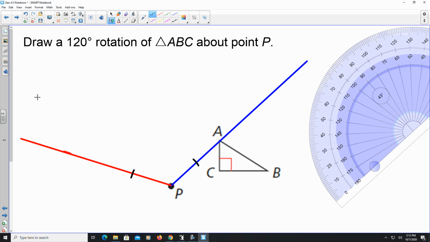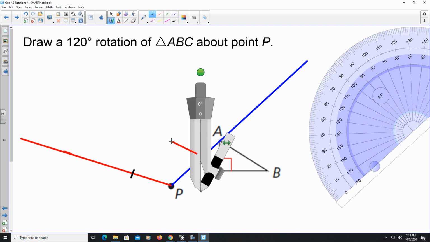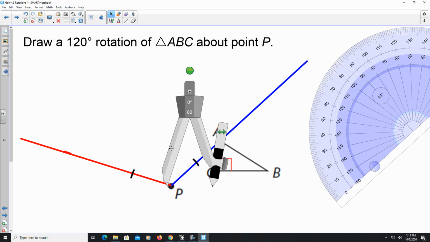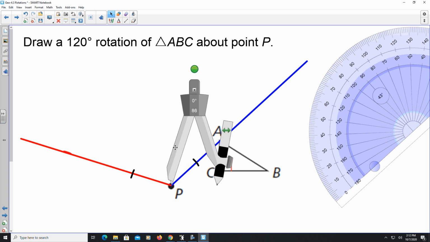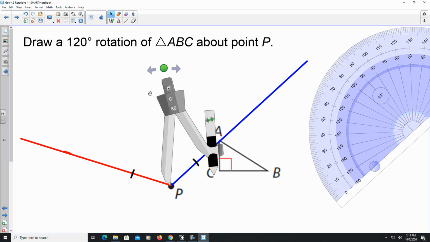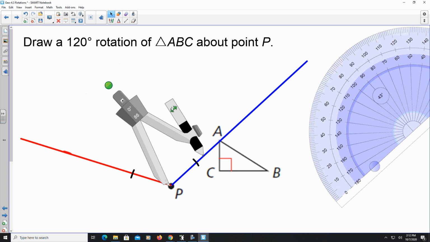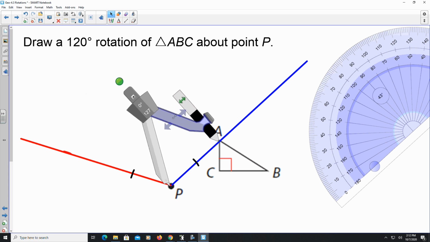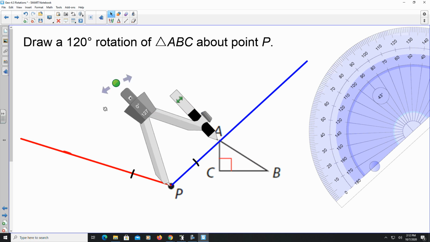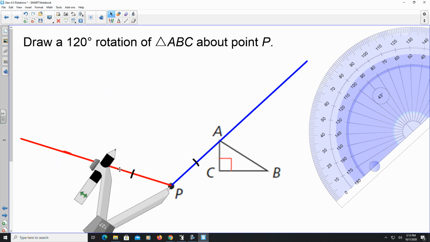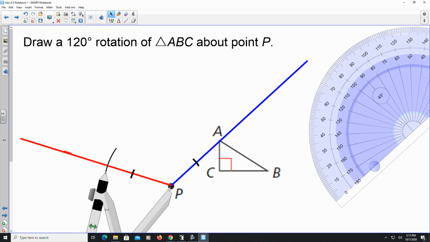In order to construct this correctly, you're going to take your compass and put the sharp end at point P, then take your pencil and extend it to point A. Then you come over here and strike a mark.